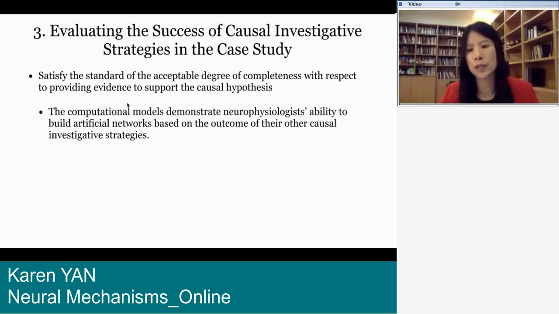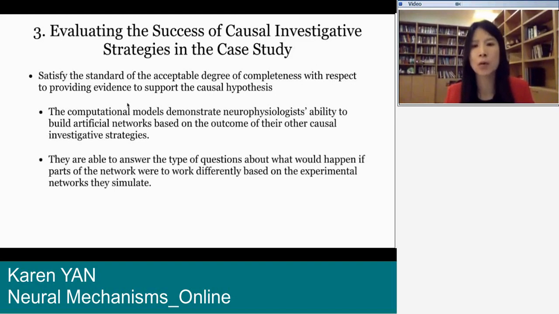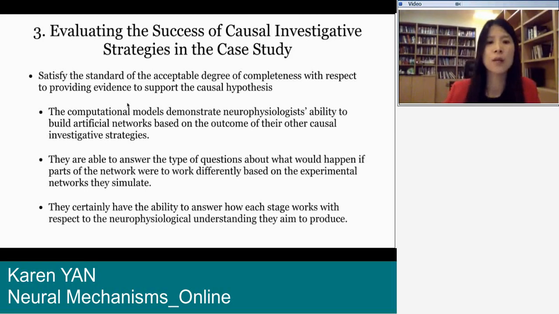The computational model they construct in the simulation experiment demonstrates the ability to build an artificial network again, and also involves the actual and non-actual, because they can tweak some features in the artificial network. And they are able to answer the type of question about what would happen if part of the network were to work differently. That's demonstrated by the Ming network and the big UEPSP network. And they certainly have the ability to answer how each stage works with respect to the neurophysiological understanding.